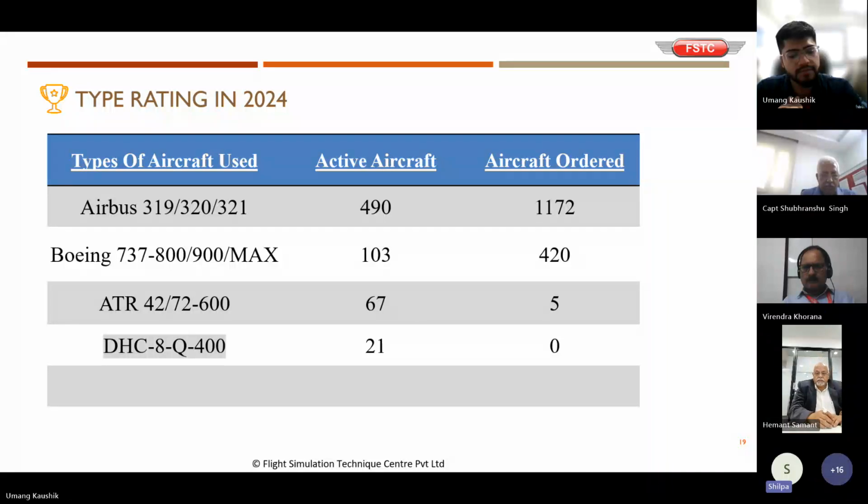I have measured all the pros and cons of both, we talk about Airbus or the Boeing. Those are the main two preferences, the preferred aircraft type I want to get my type rating on.